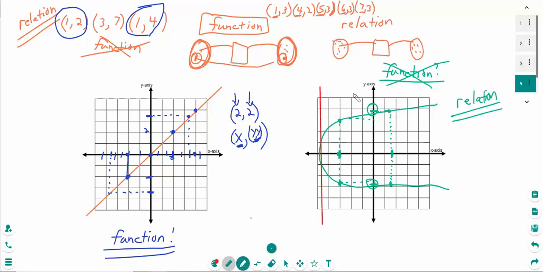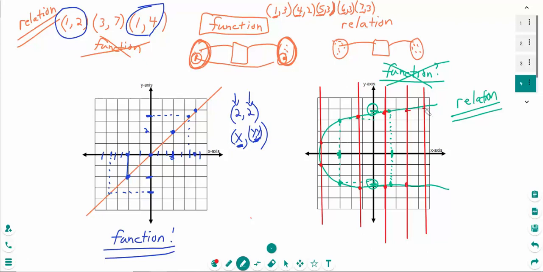If you can draw lines straight up and down through the graph, and it intersects the graph at least 2 points, then you know it's not a function. It's a relation. Now, the lines have to be straight up and down. Some of these aren't perfect, but we have to imagine straight up and down lines. And notice here that they definitely intersect that green graph at multiple spots as they go through the graph, right?